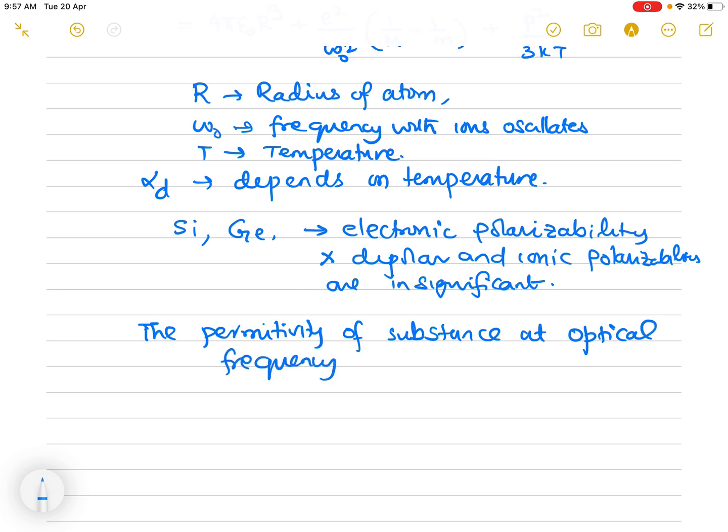So the total polarizability in this case is only the electronic polarizability.